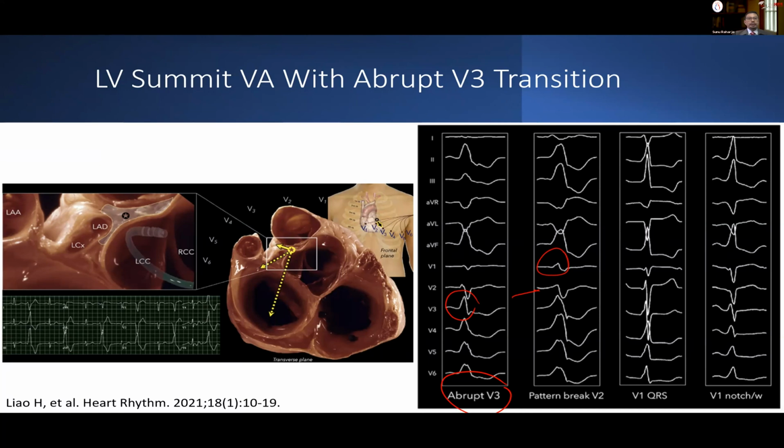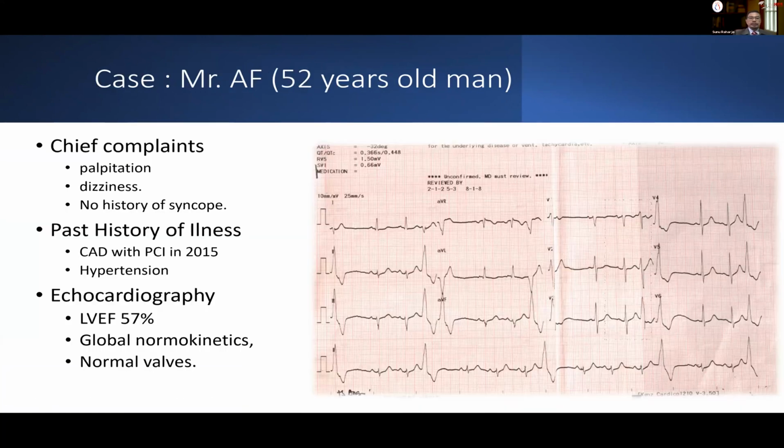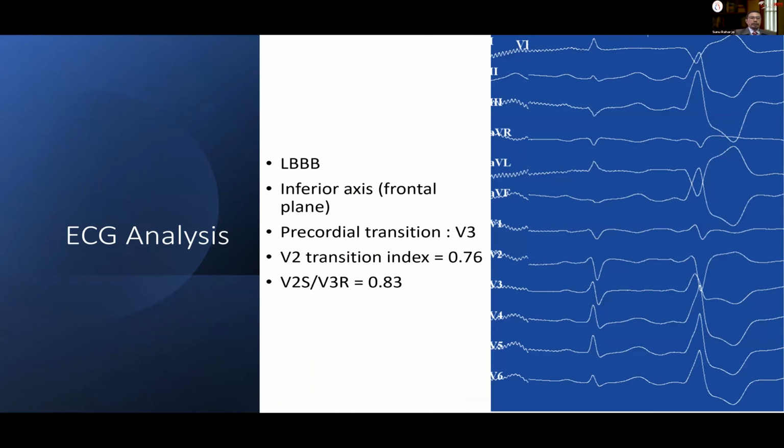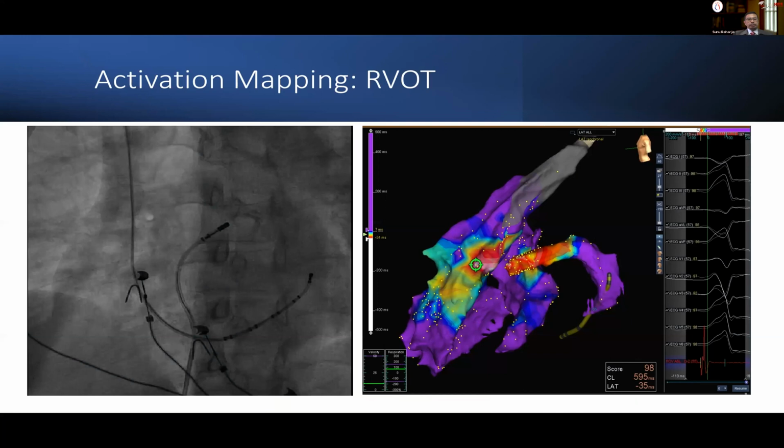This is one of the examples that we have, with the V3 abrupt R. As you see, we also calculate this index, and the possibility of LV summit is quite high.